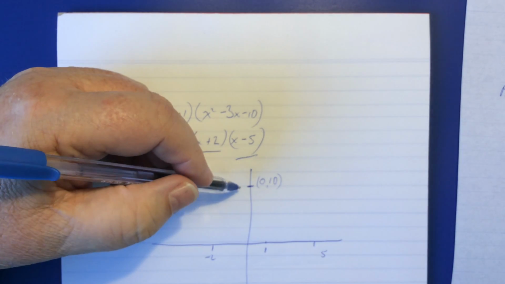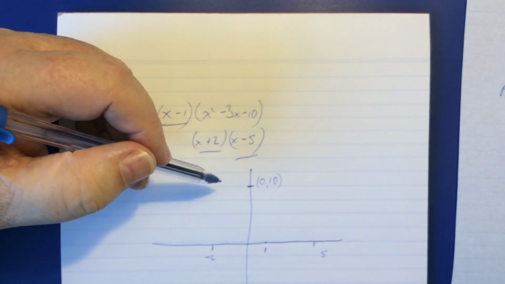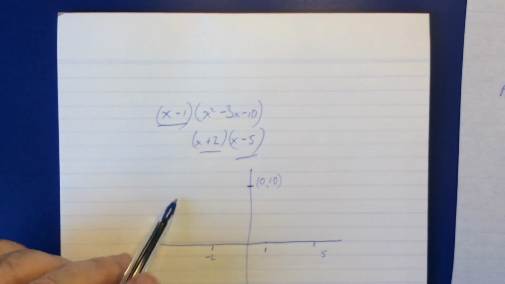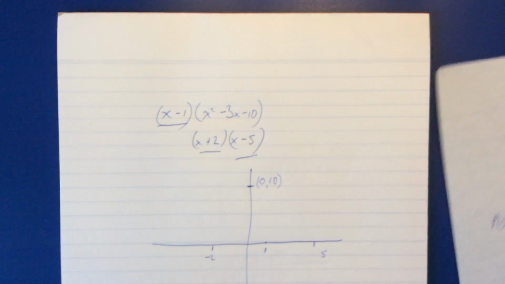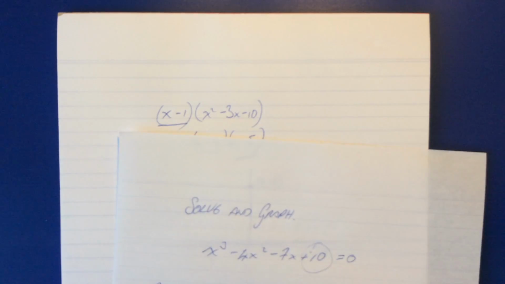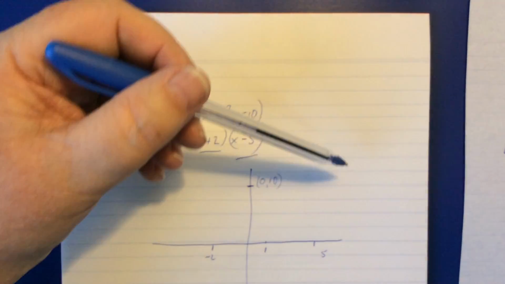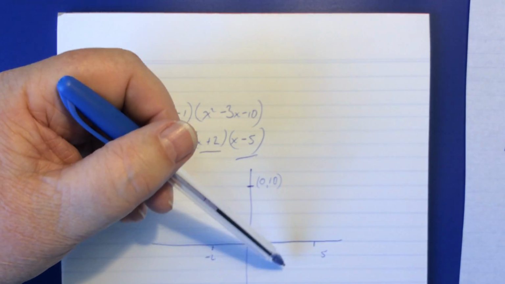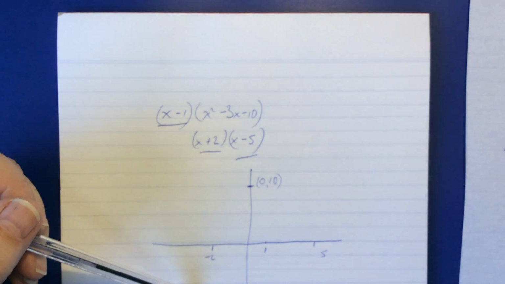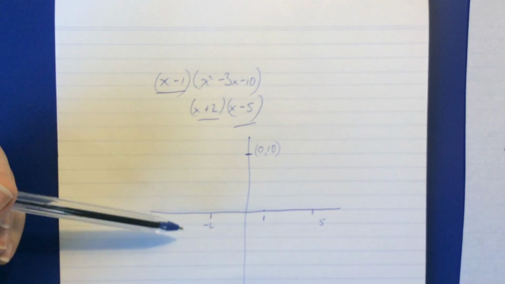So our next mission is to join the dots. Okay, now this is a positive cubic. Here it is. It's a positive cubic. So it's going to run from here down into this quadrant.